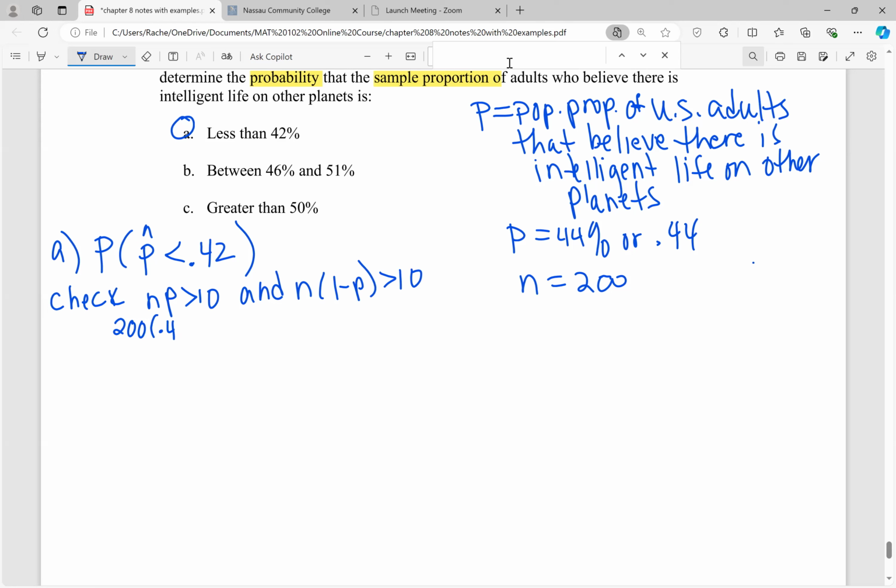So our population proportion p is 0.44 and 200 times 0.44 is 88, which is greater than 10. That checks out. And now we have to check that n times 1 minus 0.44, or 1 minus p, is greater than 10.